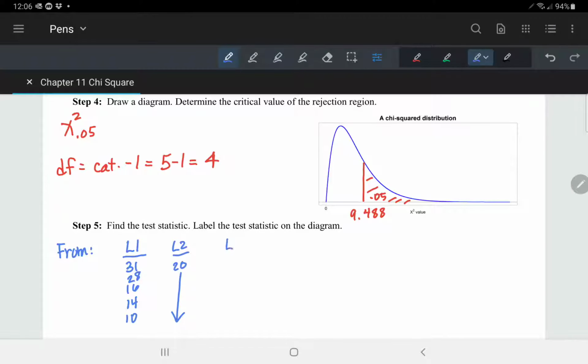And then into L3, we want L3 to calculate for us. We're going to take the observed, which is in L1, subtract off the expected, which is in L2, square that, and then divide by the expected, which is again in L2. Now when you do this, this is going to calculate L3, and you should get 7.2, 3.2, 0.8, 1.8, and 5.